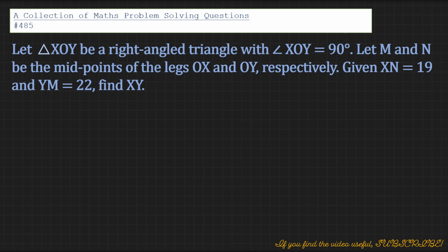So for this question, we have to first draw the triangle.